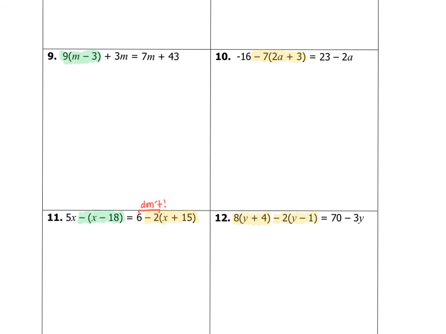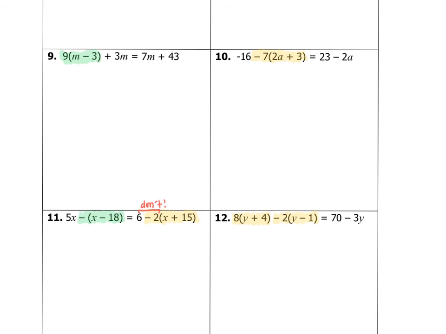But a couple notes. I highlighted here the distribution of this minus sign into the parentheses, so be careful there. And I've also highlighted this distribution and reminded you, do not subtract those because you must distribute first. In number 12, you have distribution twice on the left-hand side. You're going to be distributing the 8 and the -2. You're going to have a lot of work to do on this left-hand side before you can start zeroing out variables.